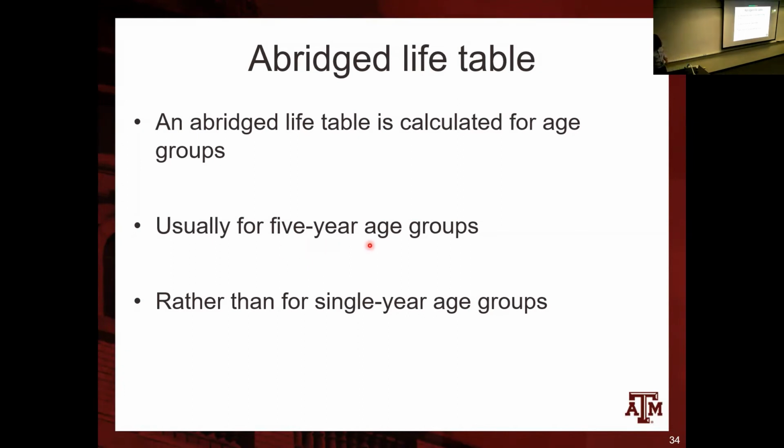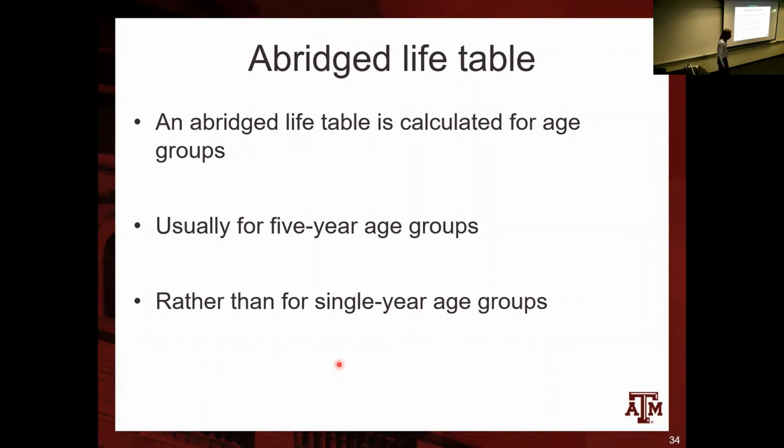So we usually use 5-year age groups rather than single-year age groups, usually because of availability of data and also reliability of data. In developing countries, if you get information on deaths by age group, you can have a lot of variation because of problems in reporting the data, missing data, and so on, underreporting of deaths.